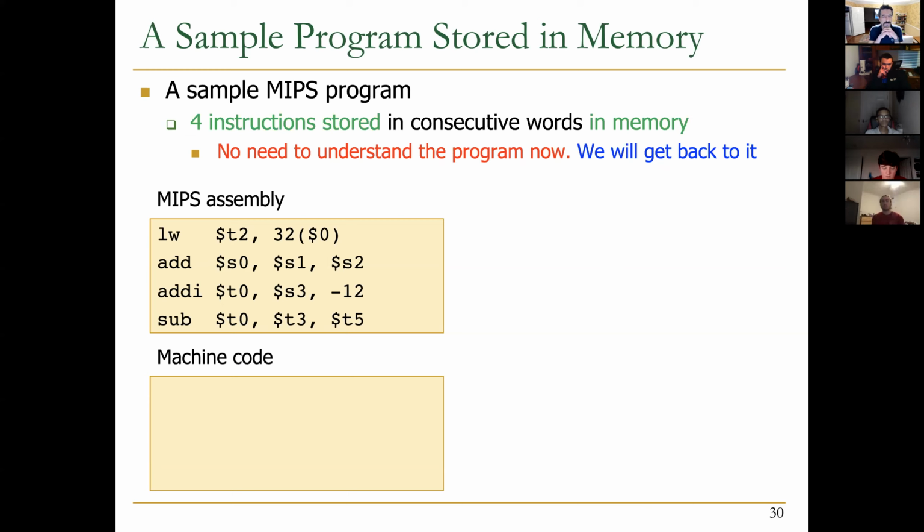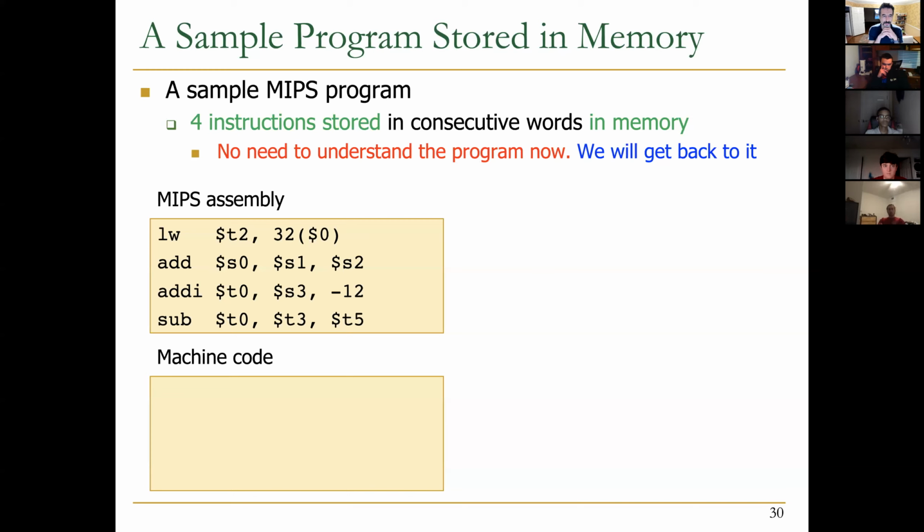Again, this is very simple. We don't need to know this. We will discuss the meaning of these later on, but I just wanted you to see the connection with assembly language.